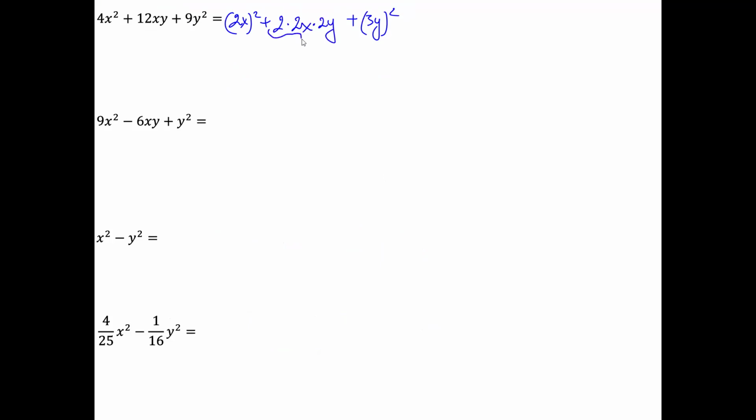And now I analyze what I just did. 2 times 2 is 4, times 3. Does it match? So what I have is (2x plus 3y) squared.